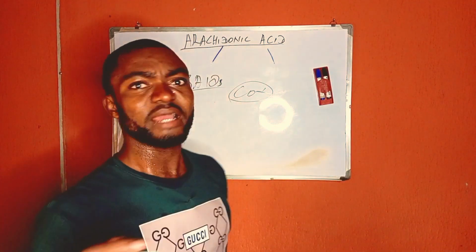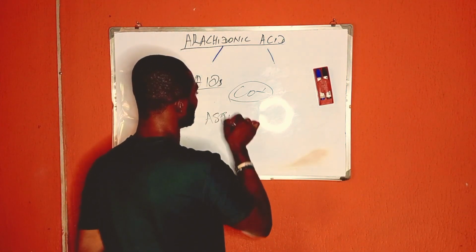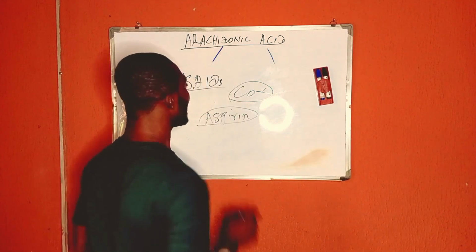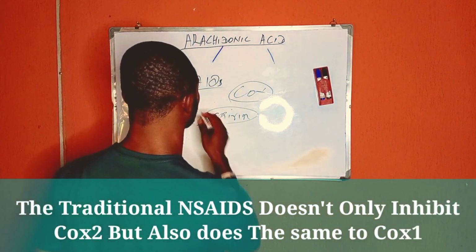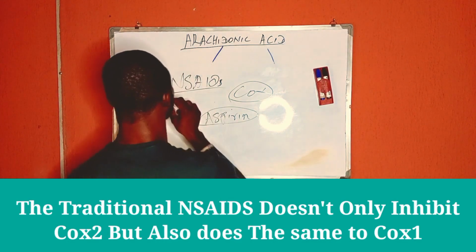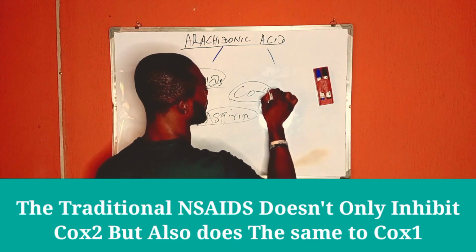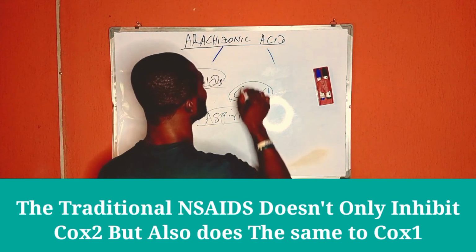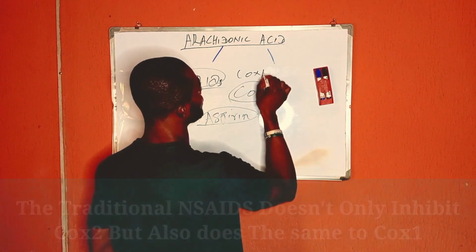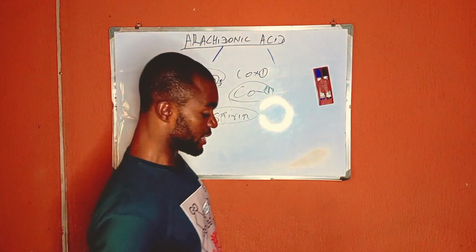So now, assuming we take something like aspirin, this is what happens. Our normal NSAIDs like aspirin, ibuprofen, naproxen, piroxicam, and the rest of them, do not only inhibit COX-1, they inhibit both COX-1 and COX-2 enzymes.